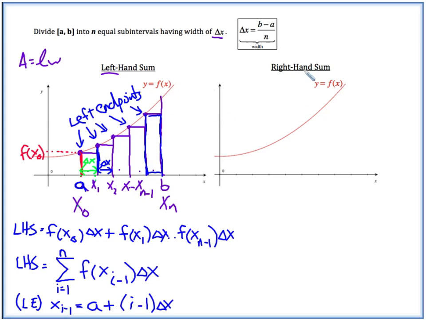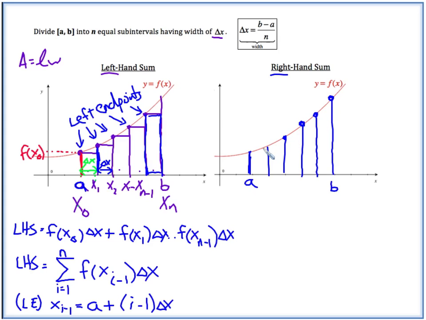Now, if we want to talk about a right-hand sum, it is going to use right endpoints. So let's go ahead and get our values from a to b, and then we'll divide it into n subintervals. Notice there are more here; I'm just using this to show how it is. If we're going to do a right-hand sum, that means we want to use the right endpoints right here.